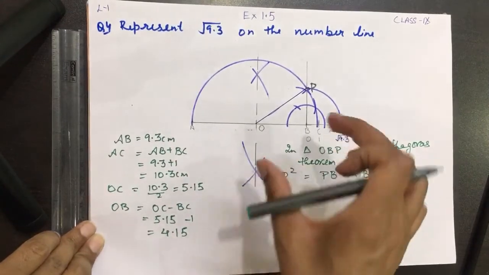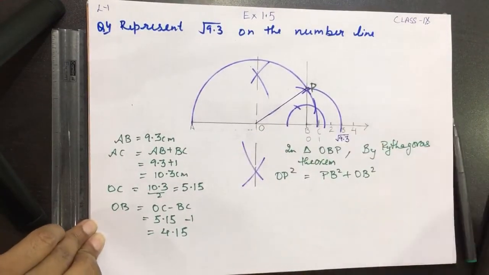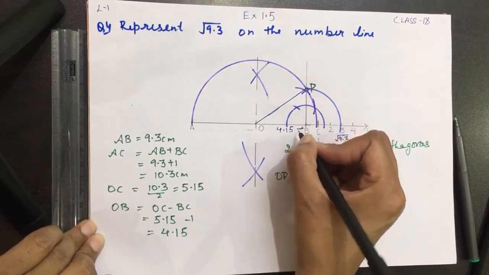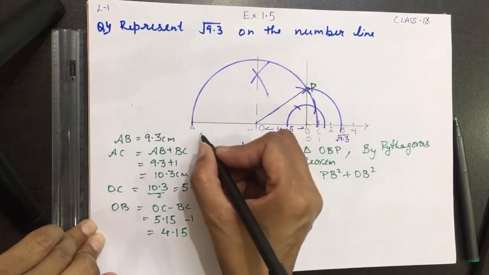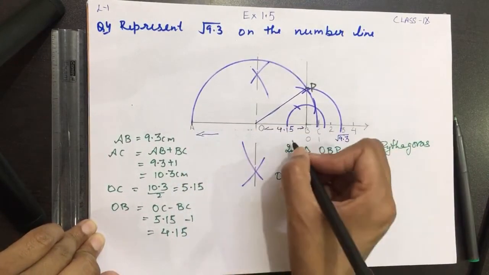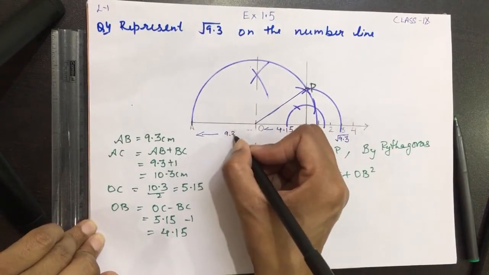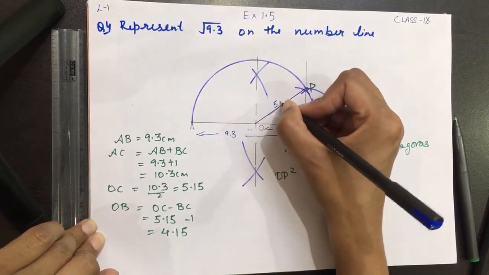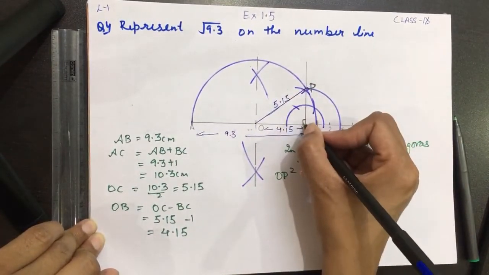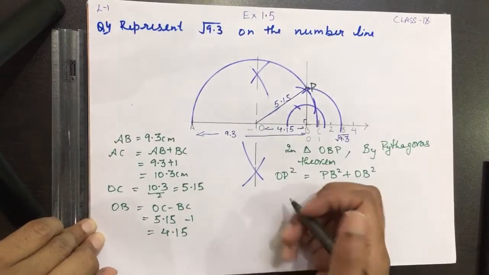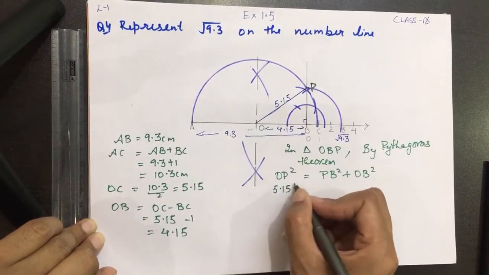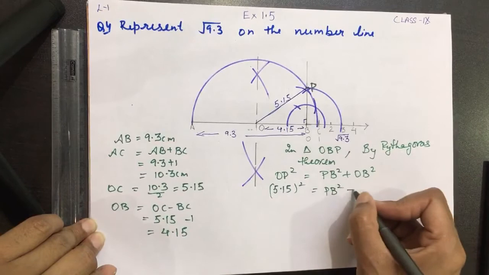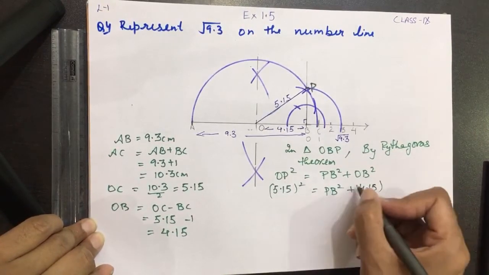We know what OP is, because it is my radius. This distance is 4.15, and it was 9.3 till here. OP came as 5.15. Now we are applying Pythagoras theorem. OP square is 5.15 whole square, PB we need to find out, and OB we know is 4.15 whole square.